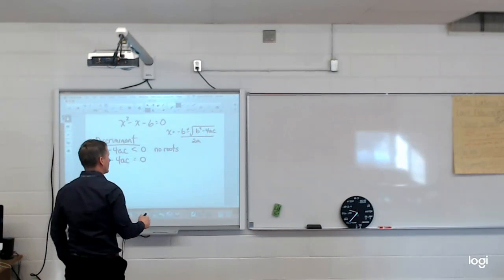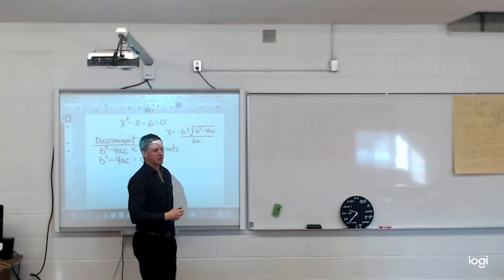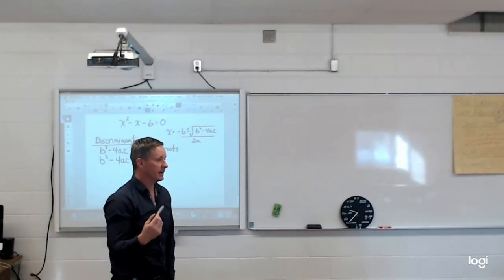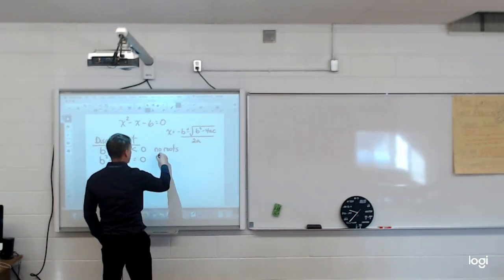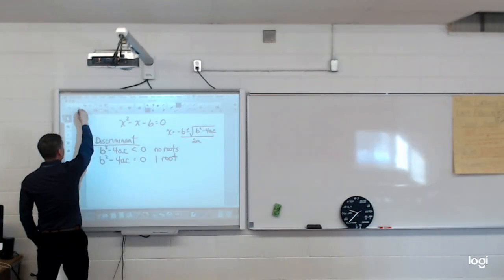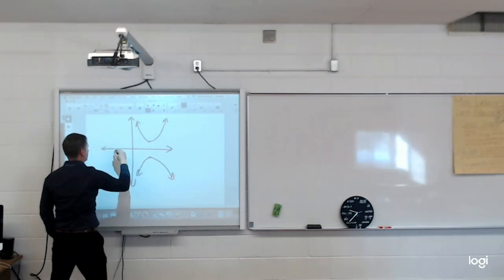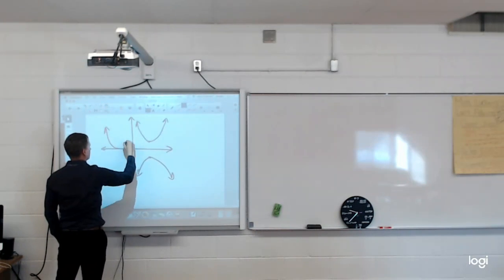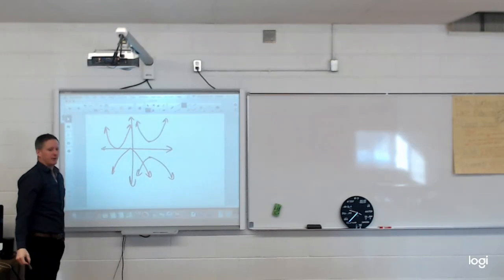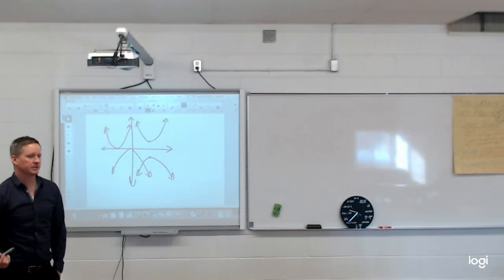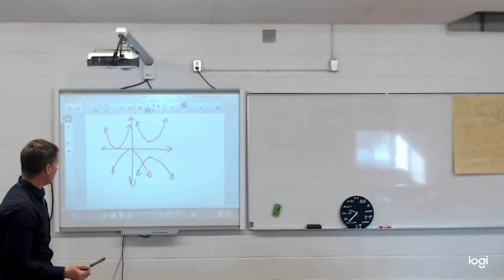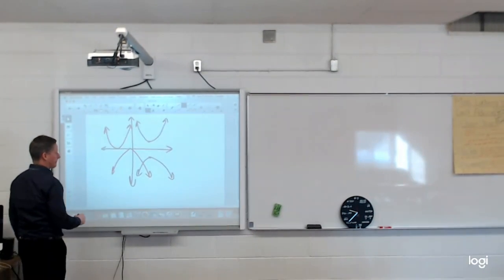So then I have minus b over 2a, which is a rational number, which is actually one real root. An example of that would be this, in which your vertex is on the x-axis. So if your discriminant equals 0, you have one real root.